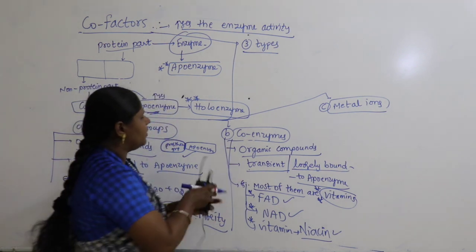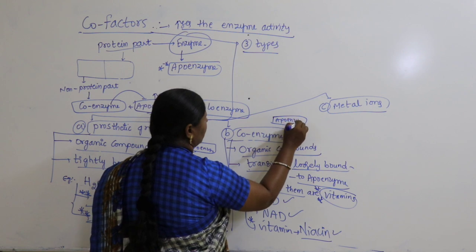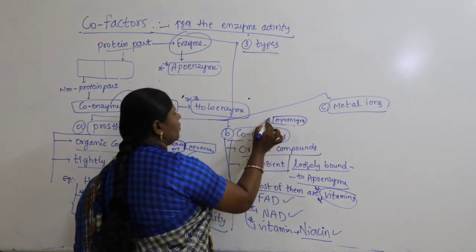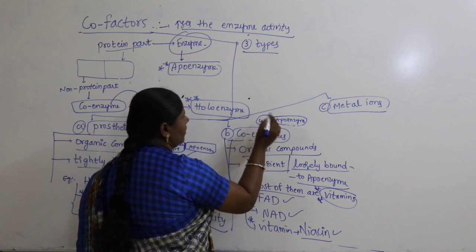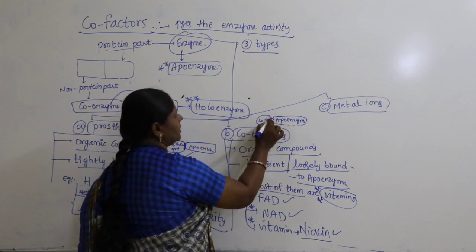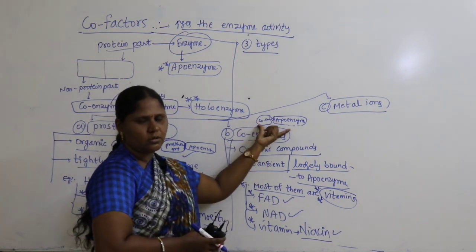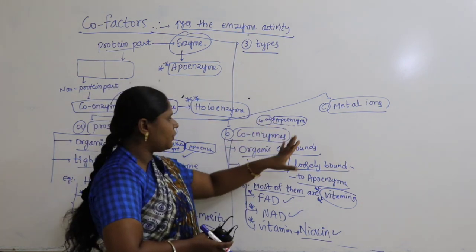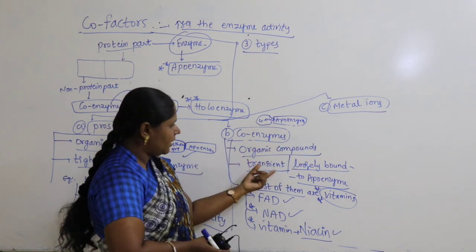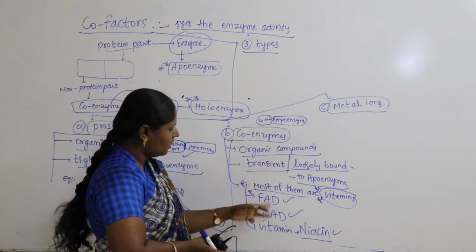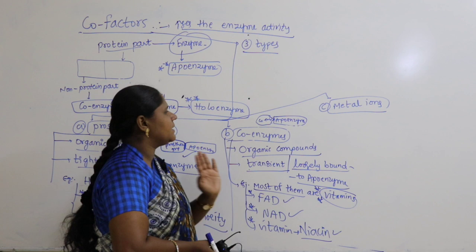Here this is apoenzyme and here the coenzymes will come very loosely. This is coenzyme. Not so tightly, they just combine very loosely and lead to the formation of the protein structure that also increases the efficiency of the enzyme. Remember, these are also organic compounds. They are very loosely bound, or transient, to the apoenzyme. Most of them are vitamins, for example FAD, NAD and the vitamin niacin.